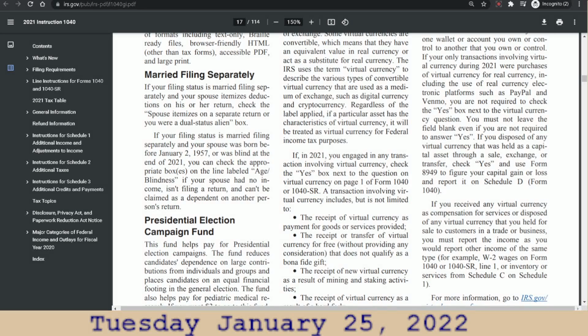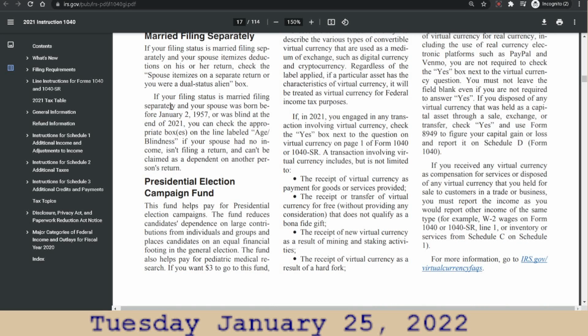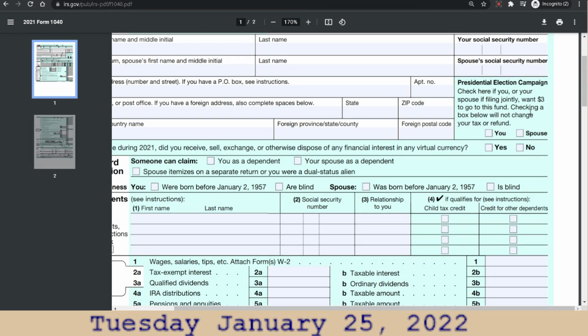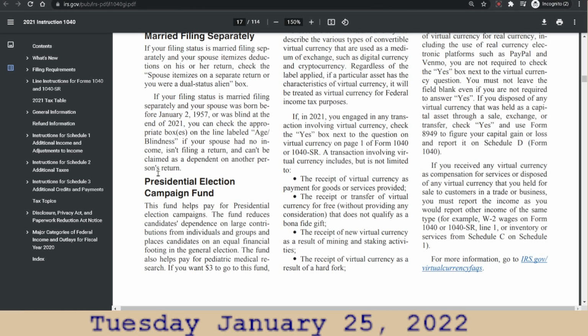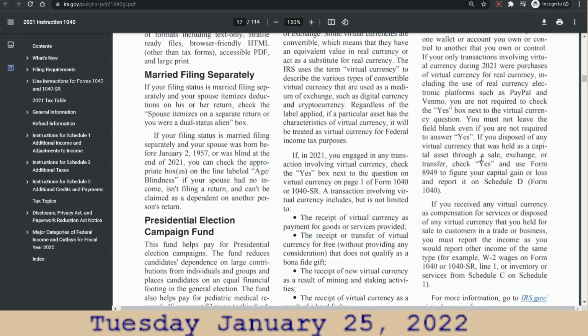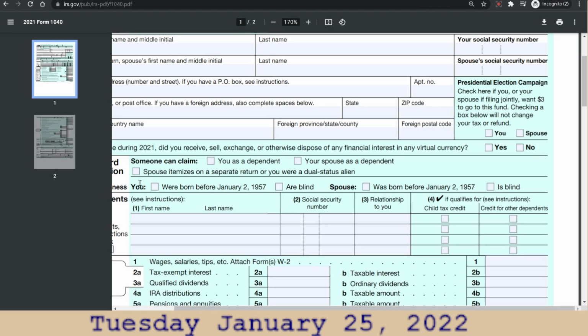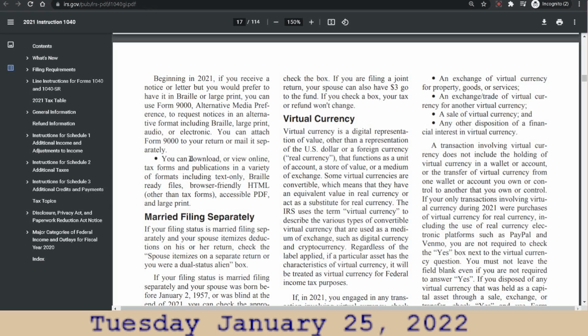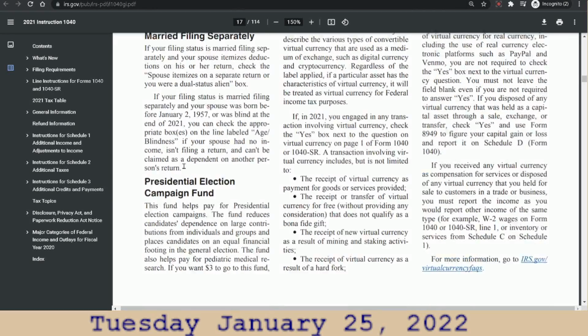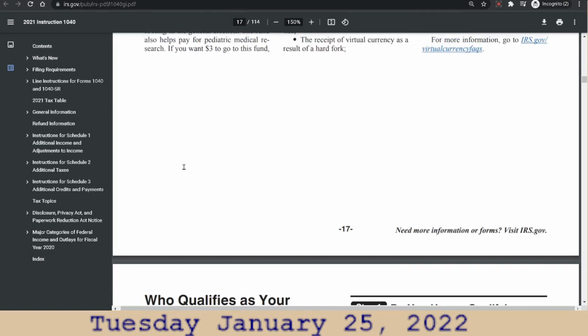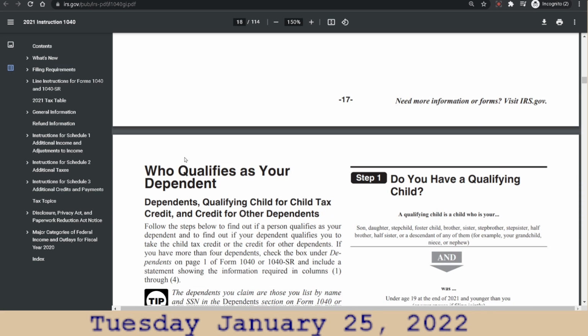And then the next section below it goes up the form up here. And then the next section after the presidential says virtual currency. Then the virtual currency is here, which you have to say yes or no. So there you go. Isn't that something? Okay, so that's how to go through that section.